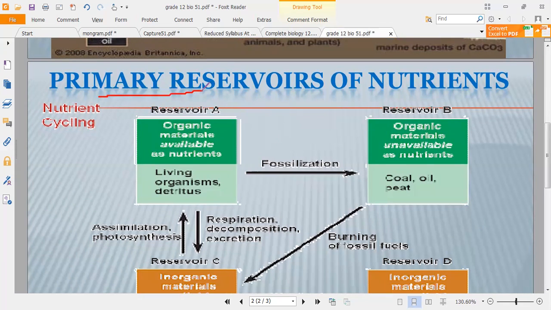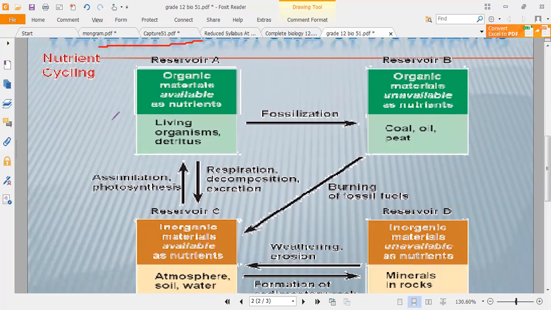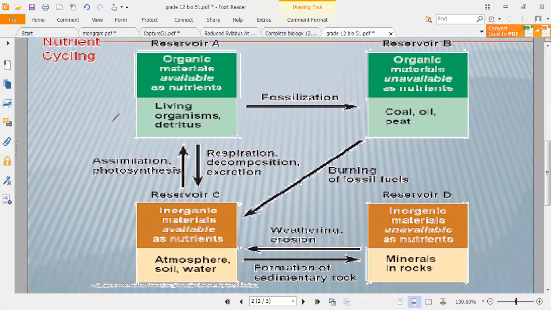You can make your concept of primary reservoirs of nutrients clear by this given chart, or model. Here we have 4 reservoirs, A, B, C, and D.